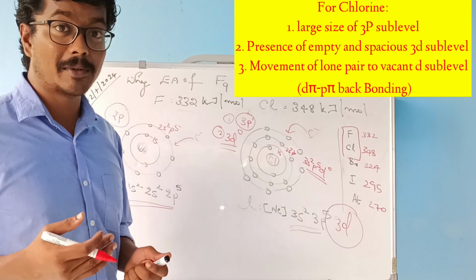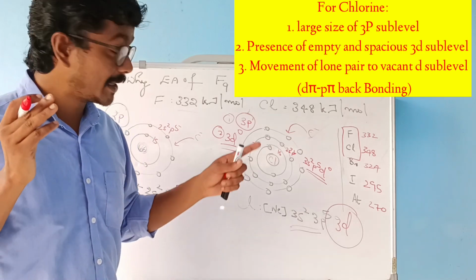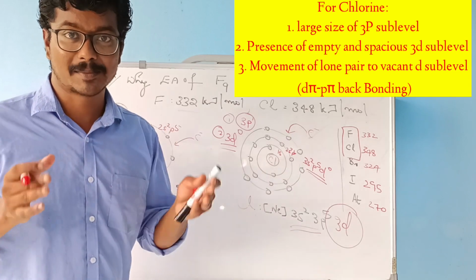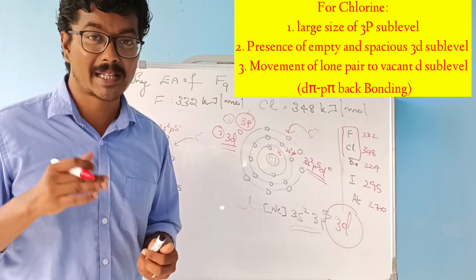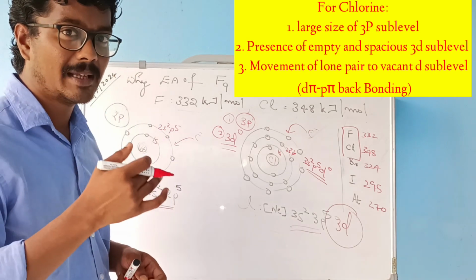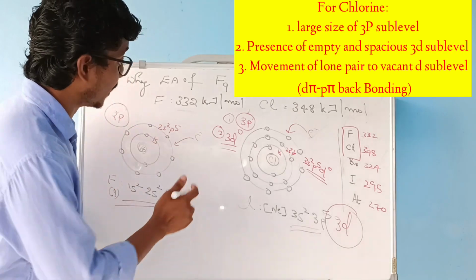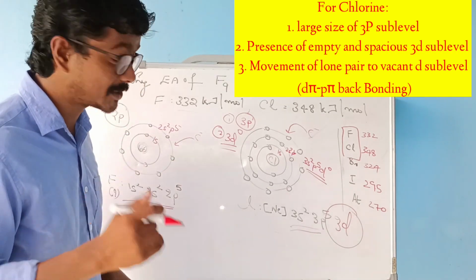So the incoming electron can occupy any position, whether in the d sublevel or in the p level because of its bigger size. So enough space is available. So it does not feel that much repulsion from the already existing core or valence electrons of chlorine. In addition to that, I have already posted a class on that.